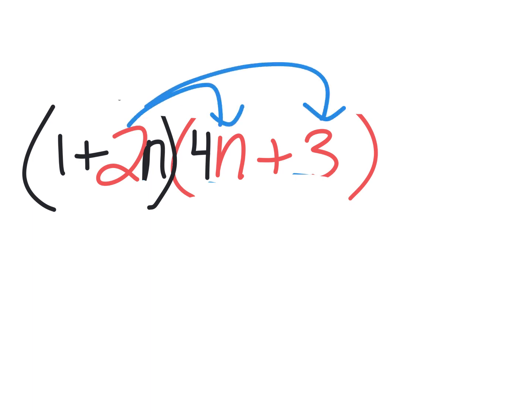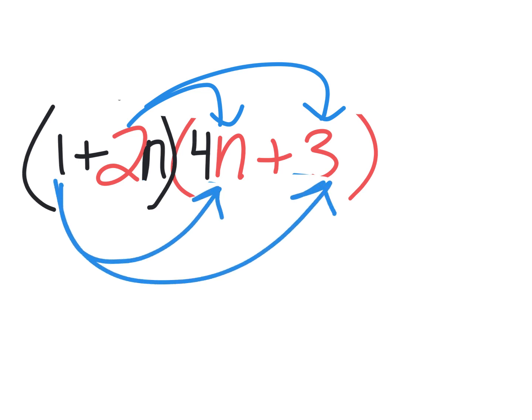You're still going to do that, but you also have to do this and this. Notice all of a sudden there's 4 parts to it. And a lot of people call this FOIL because the first ones, which are this one and this one, that's the firsts, and then the outside ones, which is this one and this one, are the outside ones, and then the inside and the last. But some people just think of it as distributing twice.